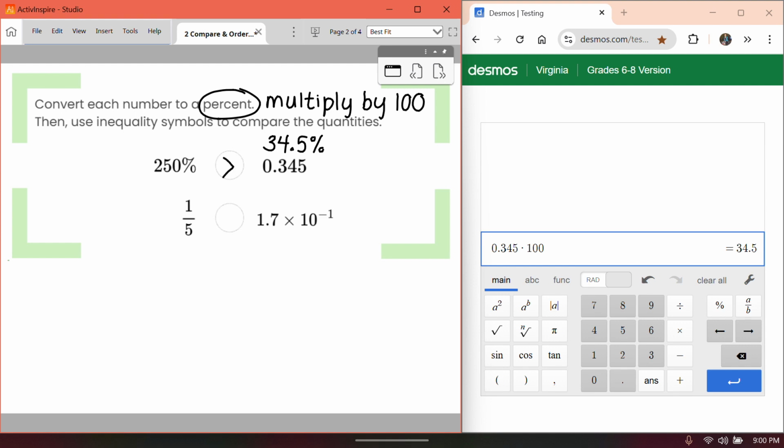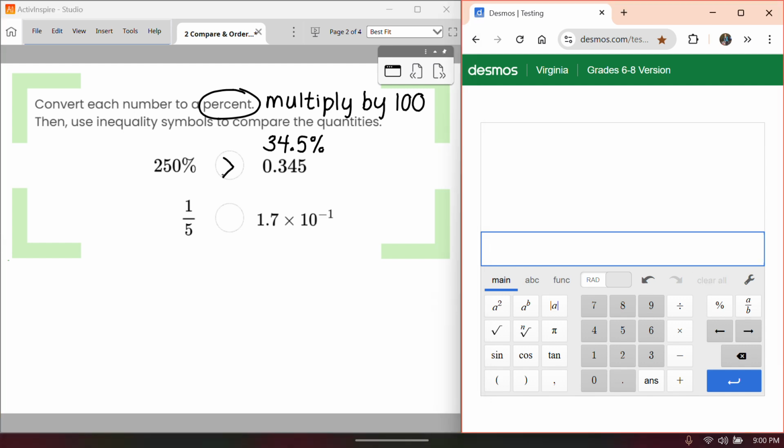Then I'm going to go to my next one and I'm going to do it the same way. This time I notice that neither of my numbers are percents. So in Desmos, I'm going to change them both into percents by multiplying both of those numbers by 100. And then all of a sudden, this problem that looked crazy and kooky and difficult becomes much simpler.